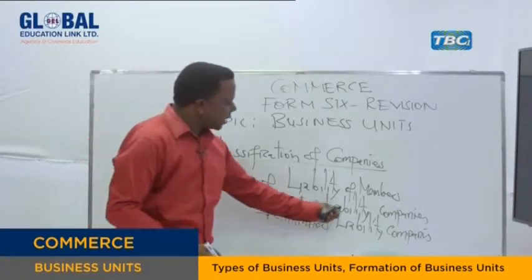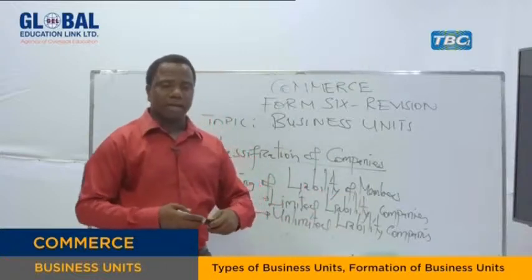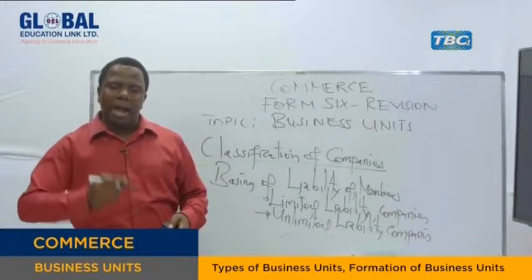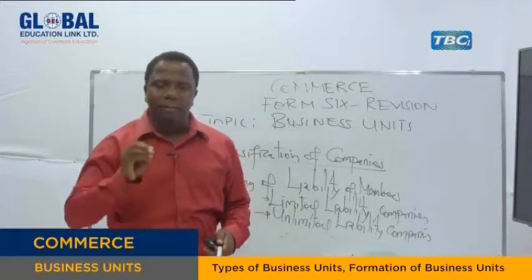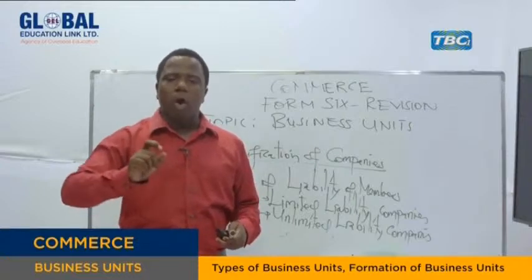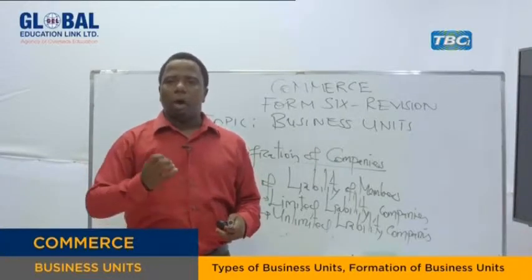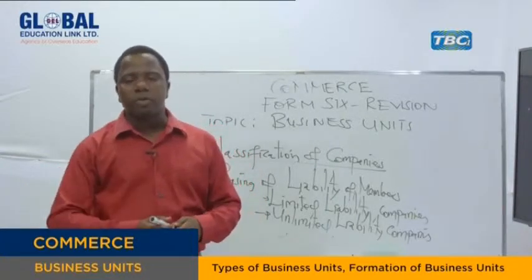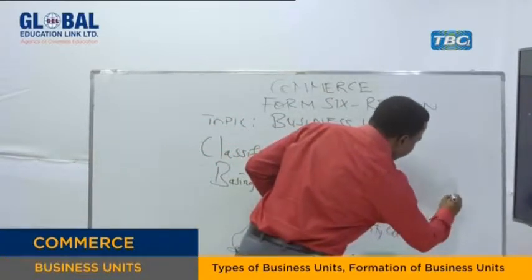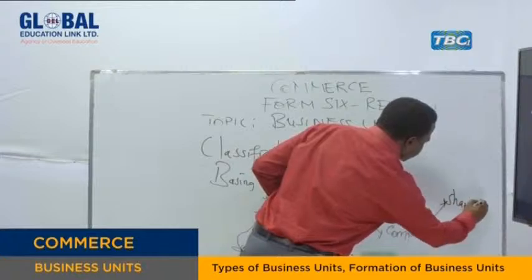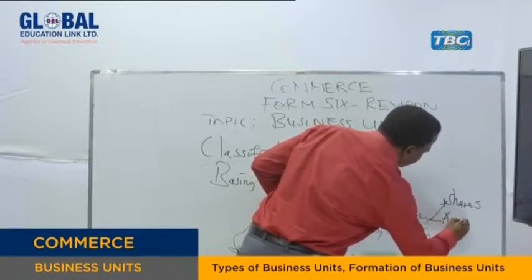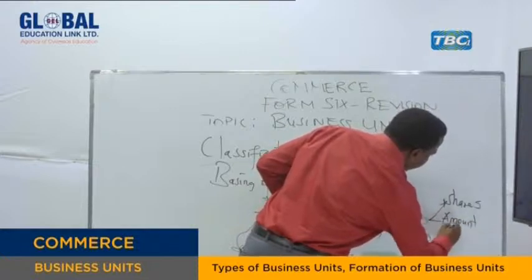Under limited liability companies, we mean that the liability of members is limited to the amount of shares owned by them in that company or the amount of capital guaranteed. So under this we have the shares owned by these members or the amount guaranteed.